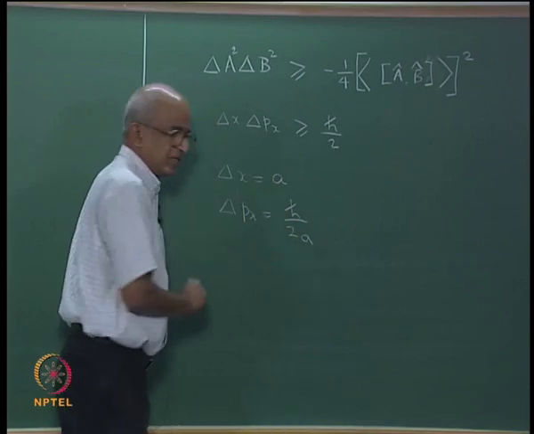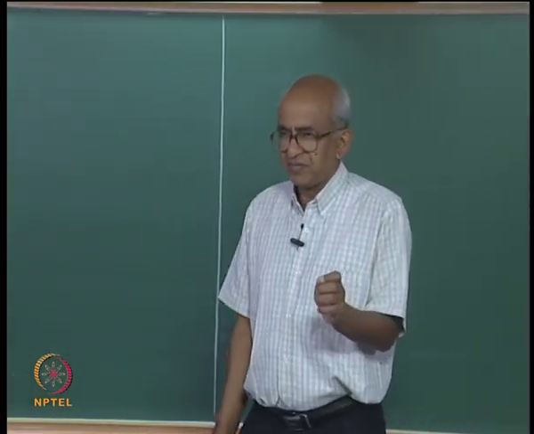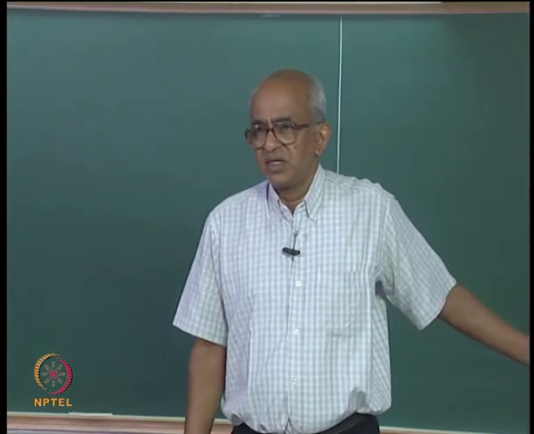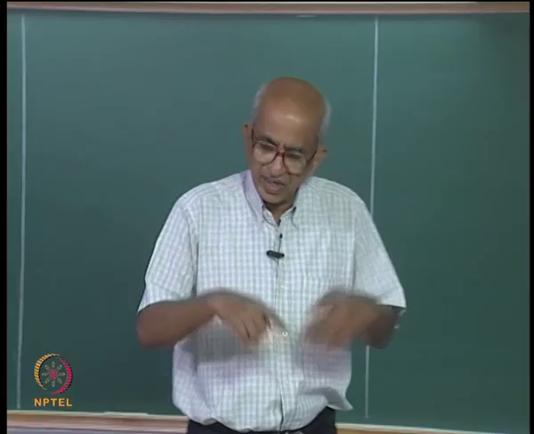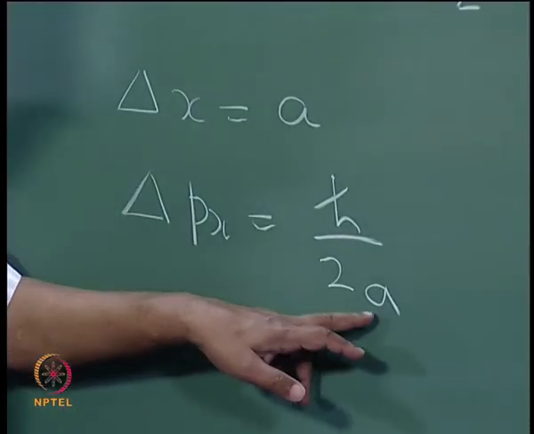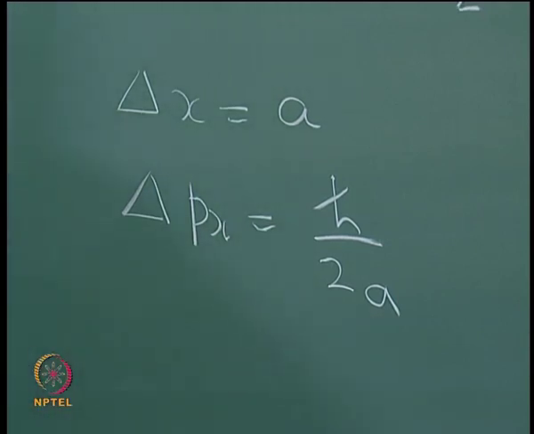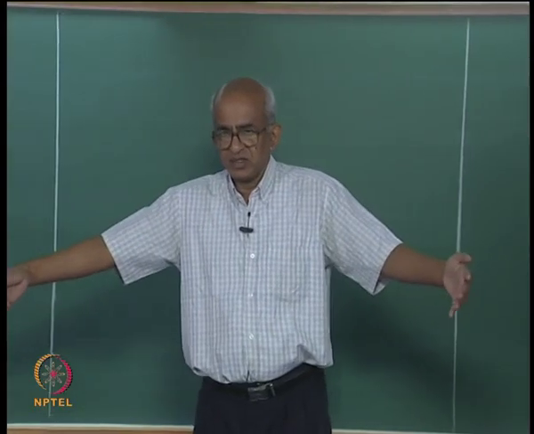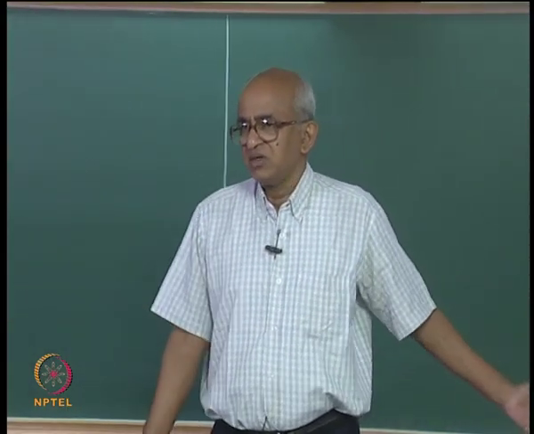So, if you try to reduce the uncertainty in position by reducing the value of a, then uncertainty in momentum increases, right. Or if you try to reduce the uncertainty in momentum by increasing the value of a, that you can do, then what will happen is that the wave function that we had actually becomes very, very broad, making the position quite uncertain.